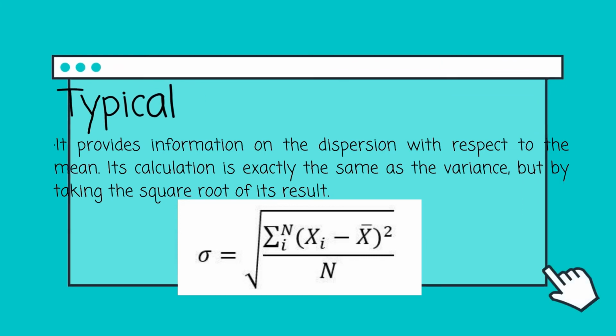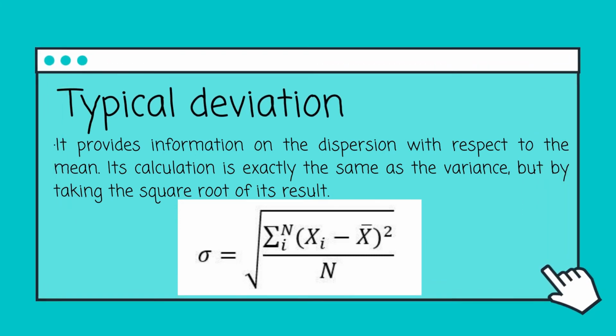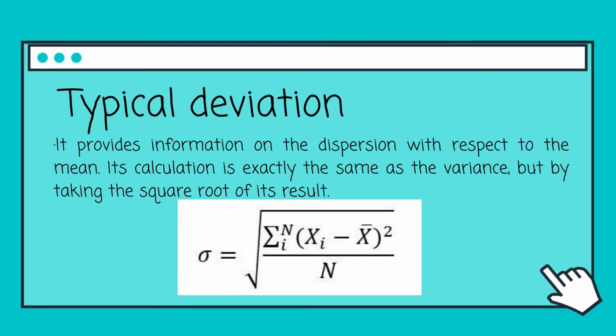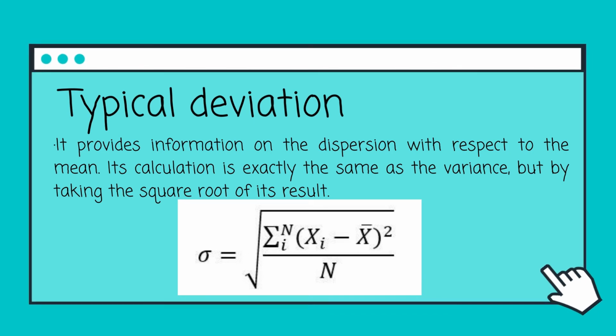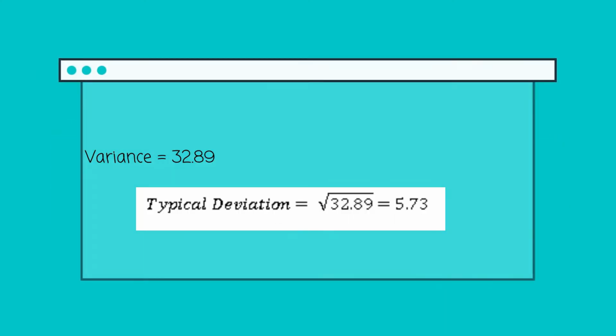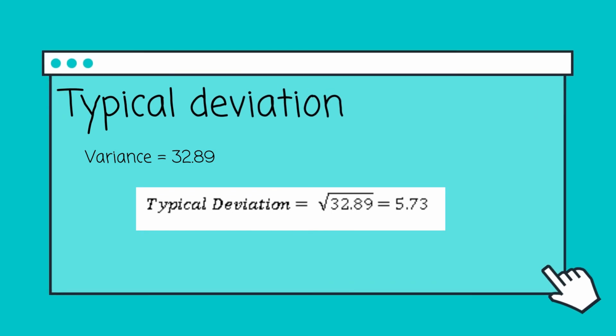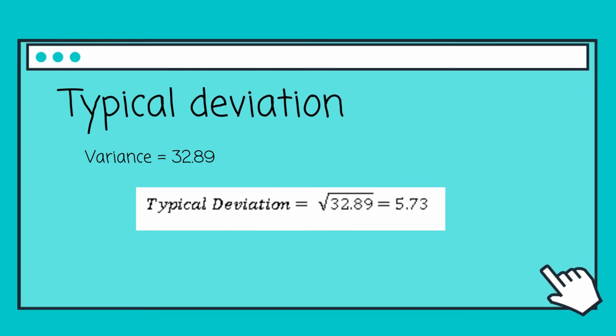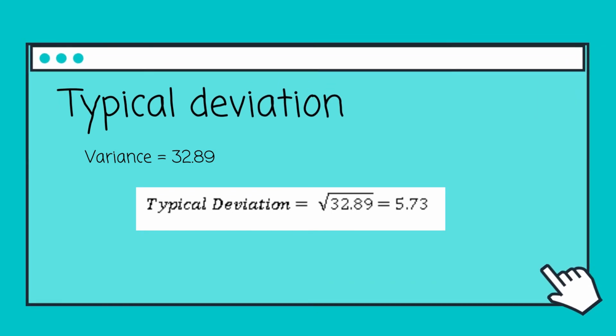Now, talking about the standard deviation, it provides information on the dispersion with respect to the mean. Its calculation is the square root of the variance. In this case, we are going to use the same example because we already calculated the variance.